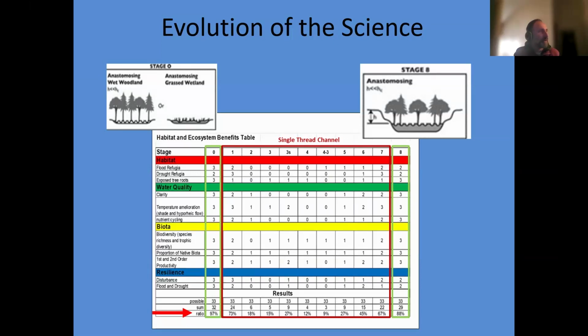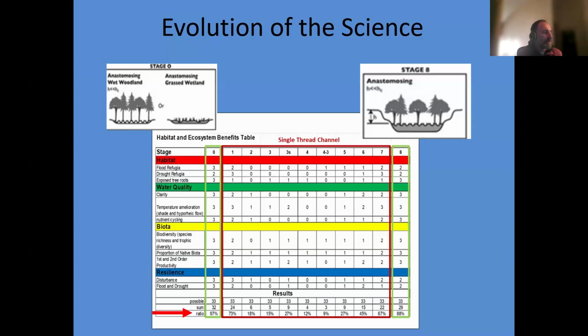So stage 0 and stage 8, stage 0 being the pre-disturbance condition, and stage 8 being about as close to the recovered condition as you can get. Those are both in the table outlined by the green boxes. And then in the red box, you see all of the single thread stages of the channel evolution process. And they rank the value, whether it's habitat, water quality, biota, or resilience.